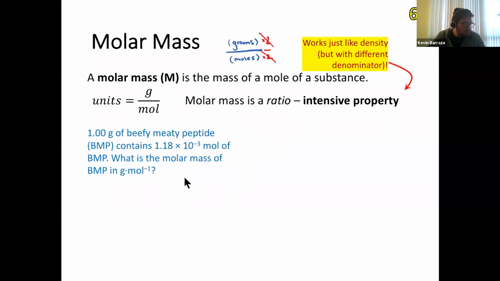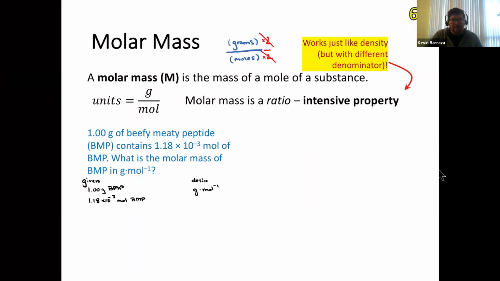So what am I going to do? I am given 1.00 gram of BMP, and I'm given 1.18 times 10 to the minus 3 moles of BMP, and I desire grams per mole.